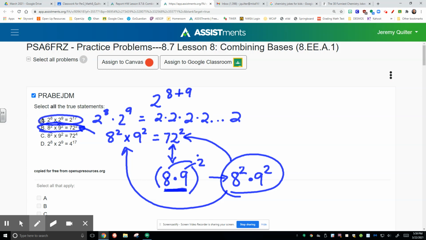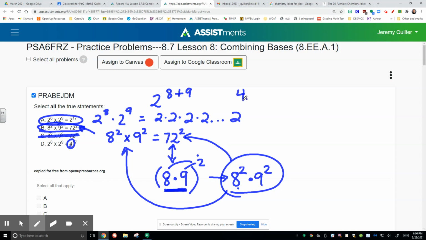Now, the reason this does not work for option C is because these two bases cannot be combined together. And because we can't combine them together, we cannot multiply the exponents together. So item C is out. Letter D, we have to look at the product of powers piece again. There's no way to get 4 as a base for this problem because we don't multiply the bases together.